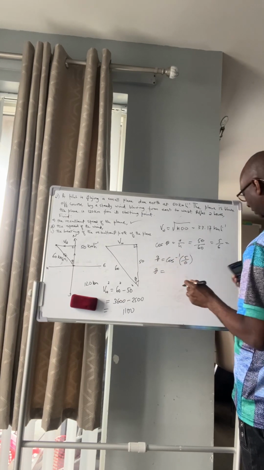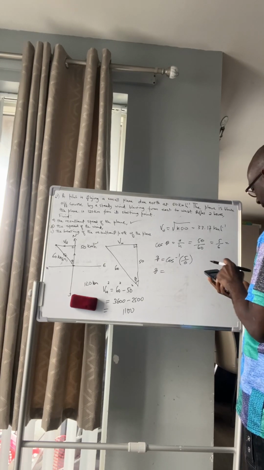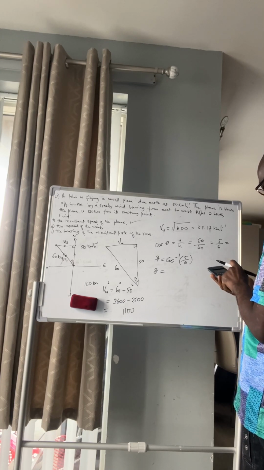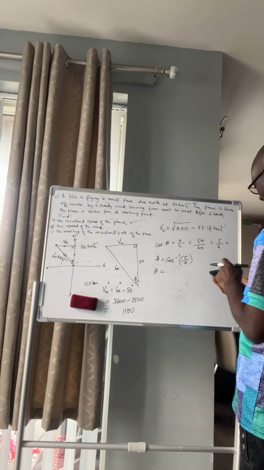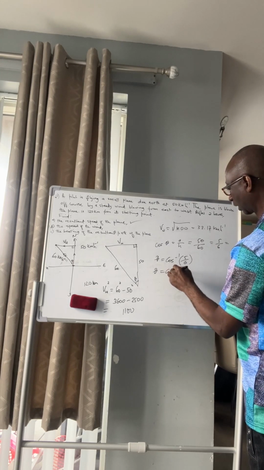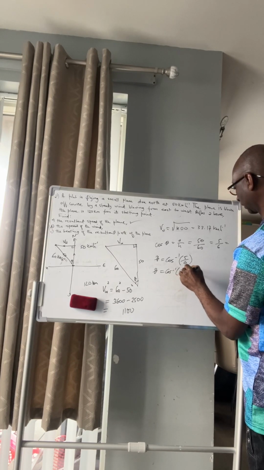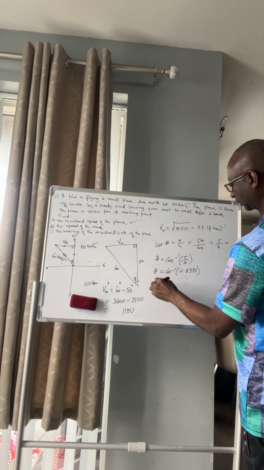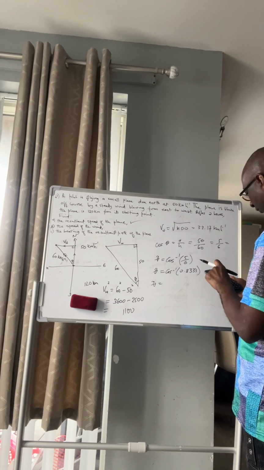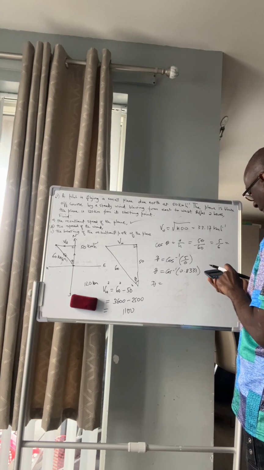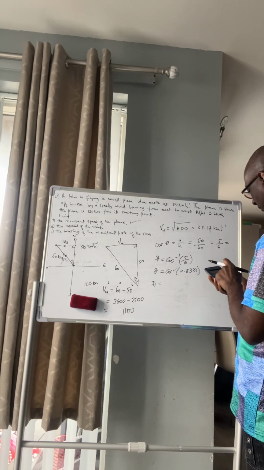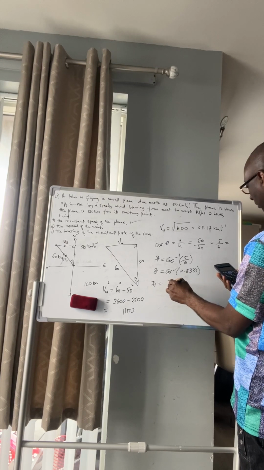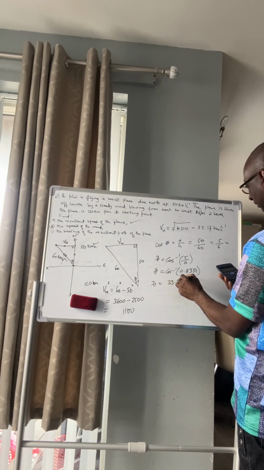That is theta equals arc cosine of 0.8333. And this gives us 33.56 degrees.